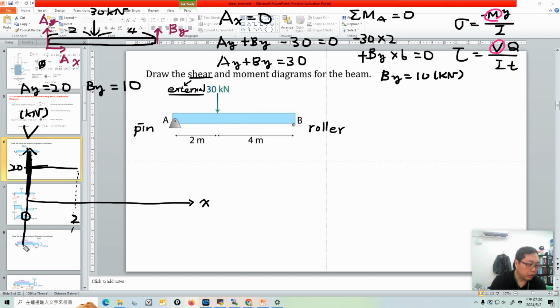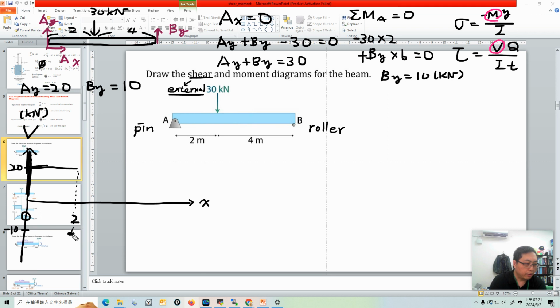So I will draw this down. It becomes minus 10, because at position 2 meters there is an external 30 kilonewton point load down. So the shear force here, 20 minus 30, becomes minus 10.